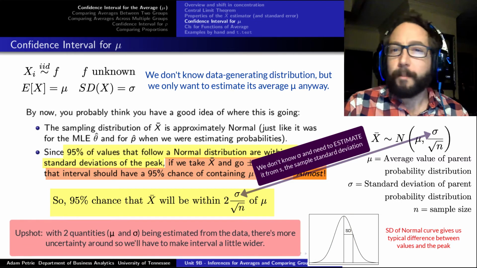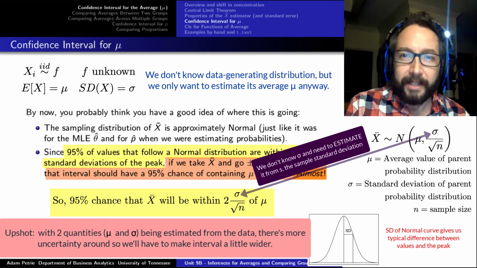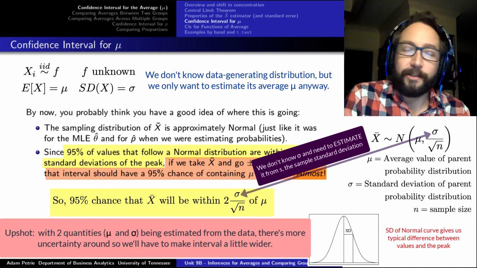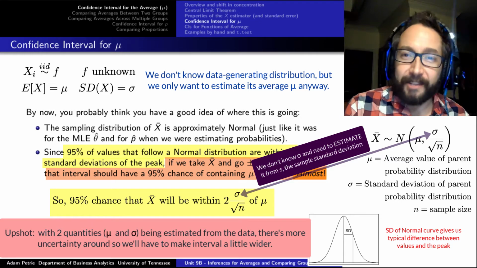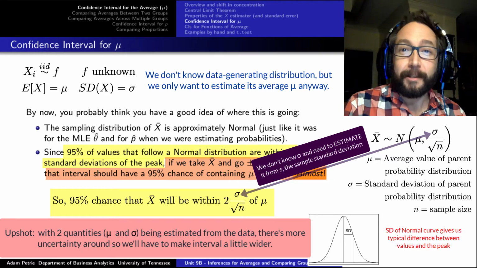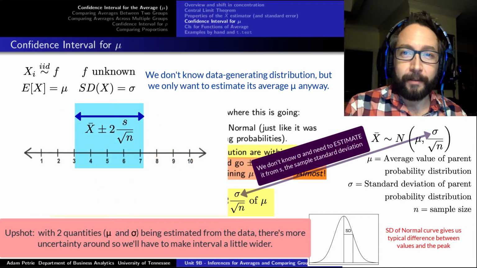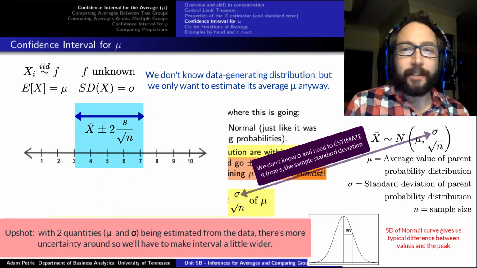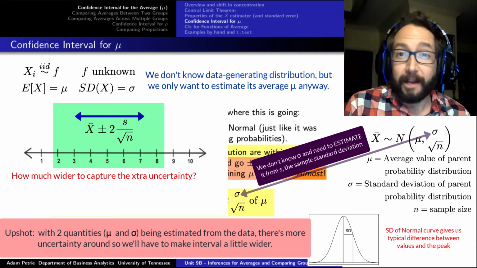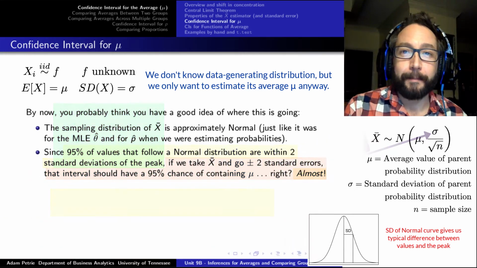So there's a bit more uncertainty going on in this estimation procedure than we had when we were estimating theta using the MLE. I have to estimate mu with the sample average x bar, and I have to estimate sigma with the sample standard deviation. So maybe I need to go a little bit more than 2 standard errors away from the sample average to come up with a range of plausible values for mu based on my data.